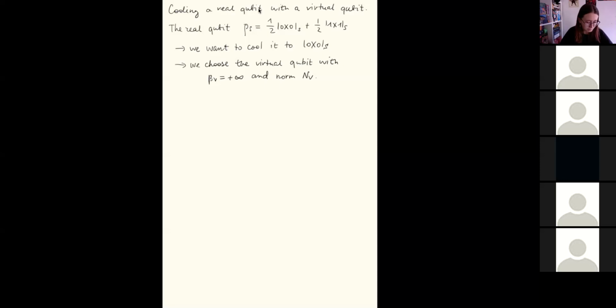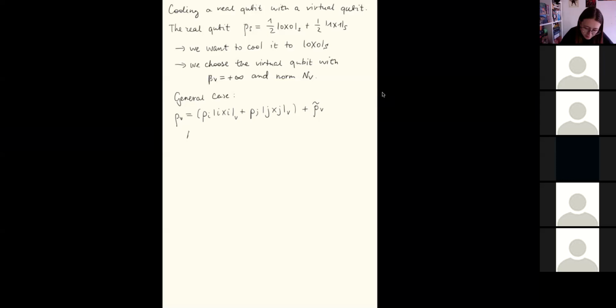So the idea, for the general case which was discussed in the lecture, of swapping the real qubit with the virtual qubit, is that we take the virtual qubit between the levels i and j of the larger system V. And then we can write the state of this larger system V as the state of the subspace to which we're restricting, and also the rest, which we label as rho_V tilde.